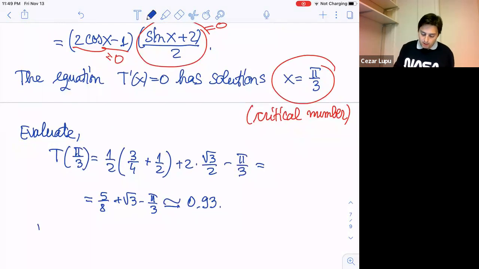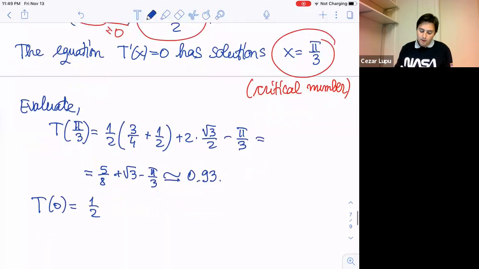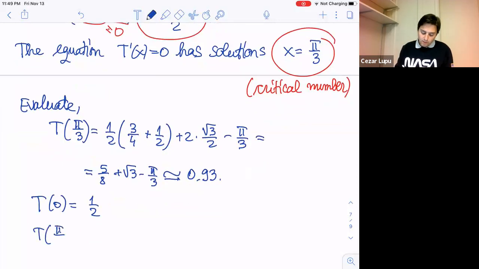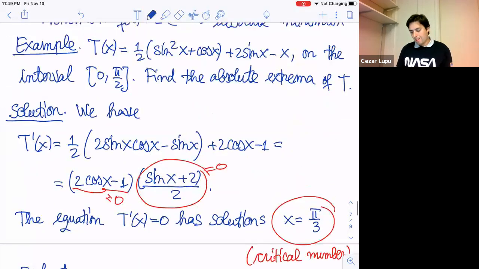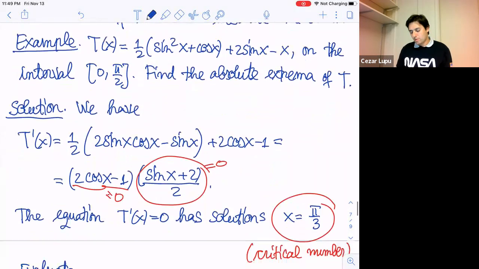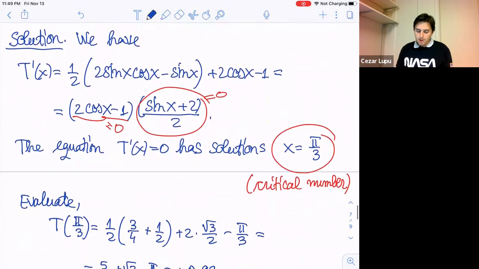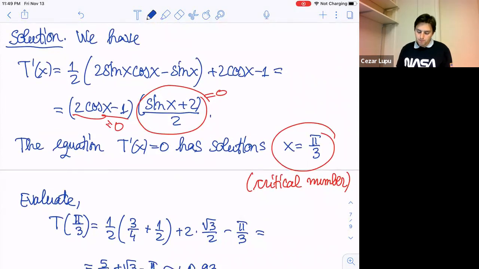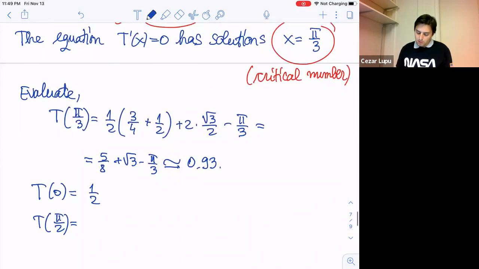Also, we evaluate the function t at its endpoints. Remember that this function is defined on the interval 0 to pi/2. So we evaluate t of 0 and t of pi/2. t of 0 is clearly 1/2. And t of pi/2, if you plug it in, I think I made a mistake here.